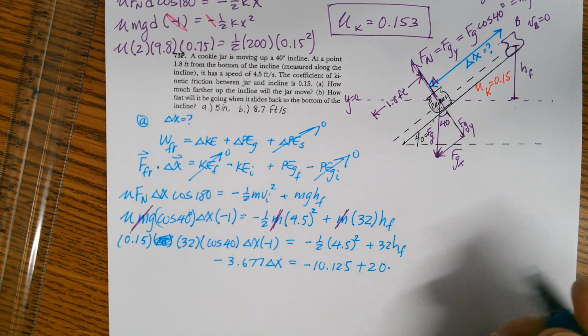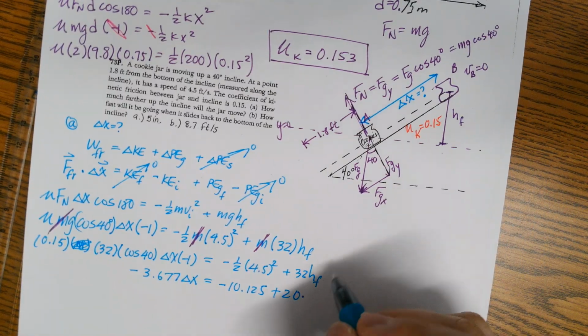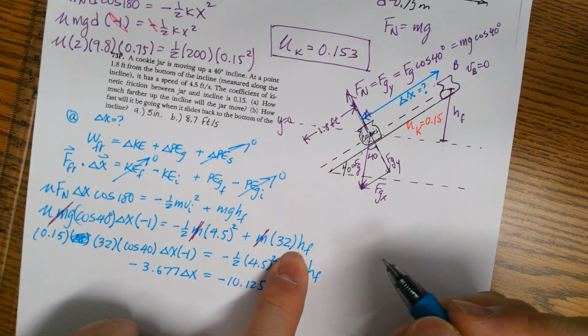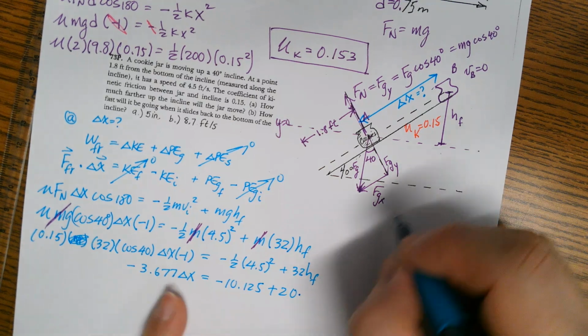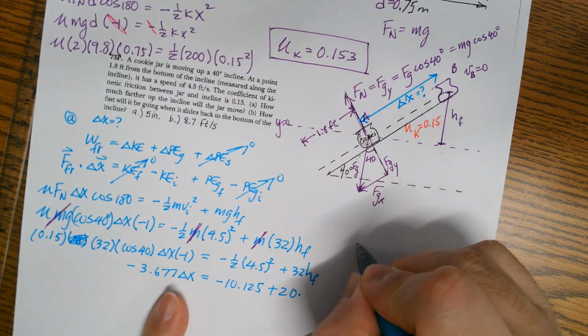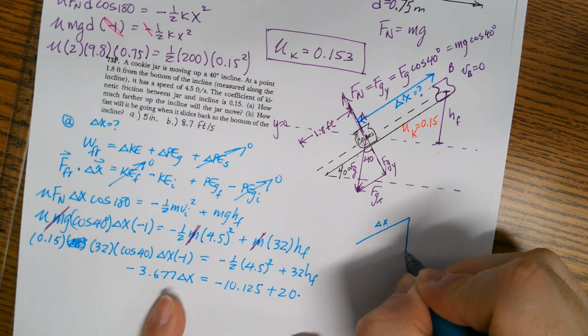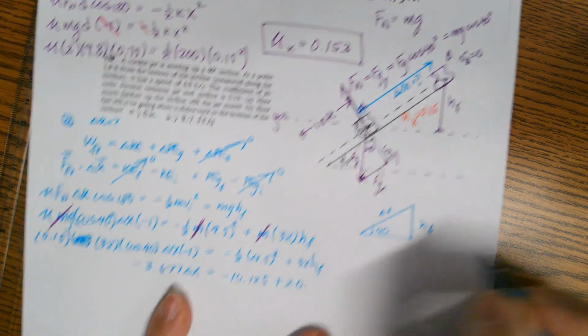wait a minute, something's not right. Yeah, we have to use this HF in terms of this delta x. So if I look at this, here is my delta x, here's my H final, here's my 40 degrees.